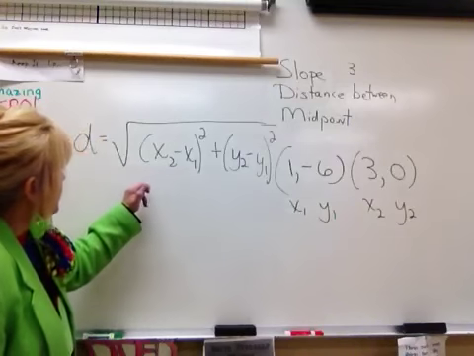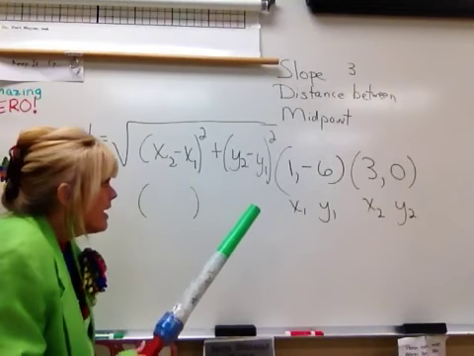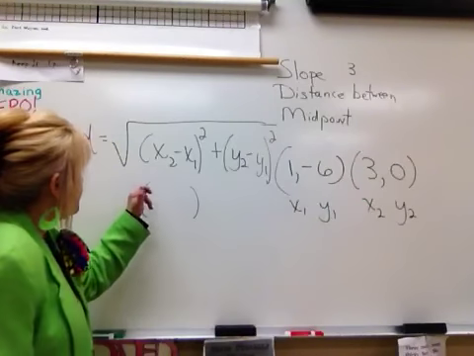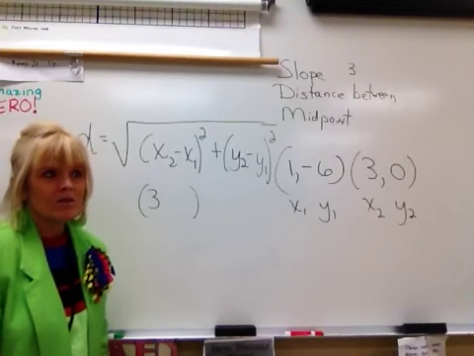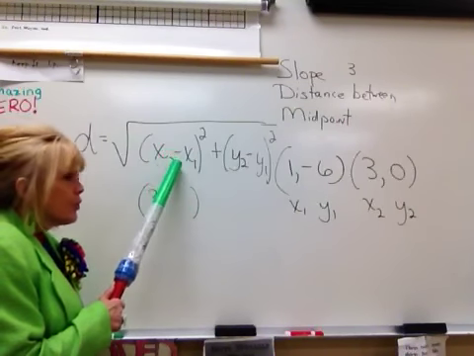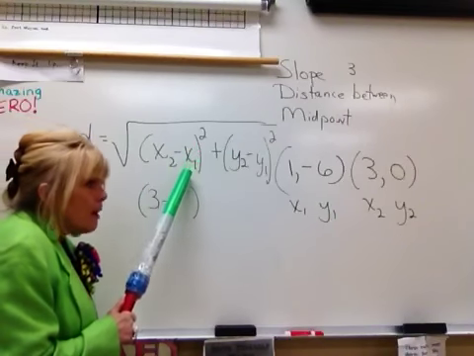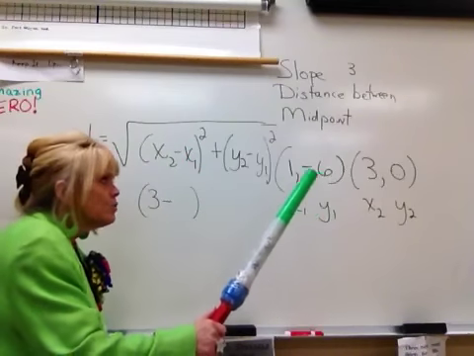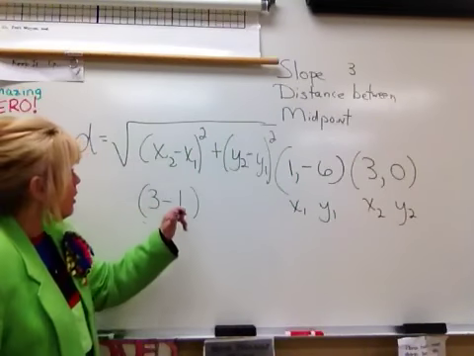So, put your parentheses. Who's x2? There he is, 3. Put down the 3. It's like the bubbles, but I didn't draw them in because there's so much other stuff up there. I thought it'd be confusing. But there's your second bubble. What's the takeaway? The third bubble is x1. Who's x1? 1. Don't forget that little 2.